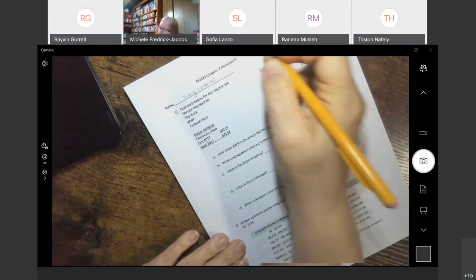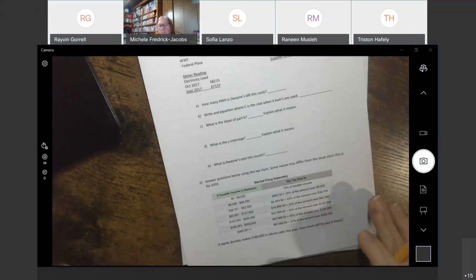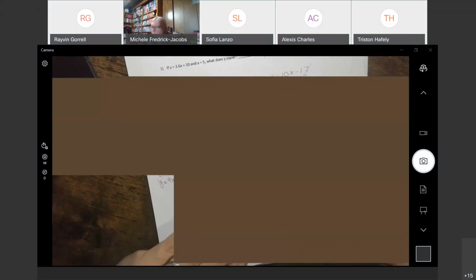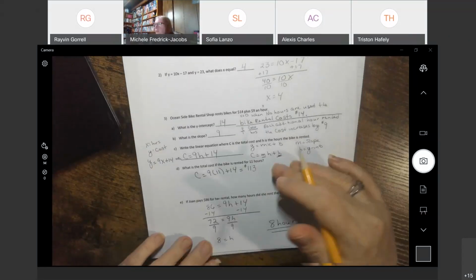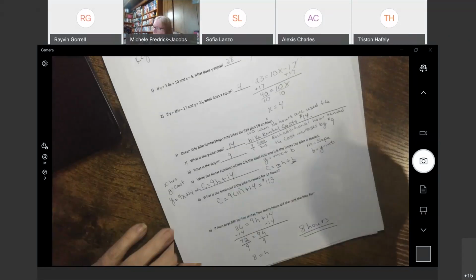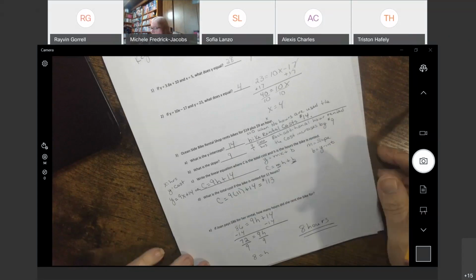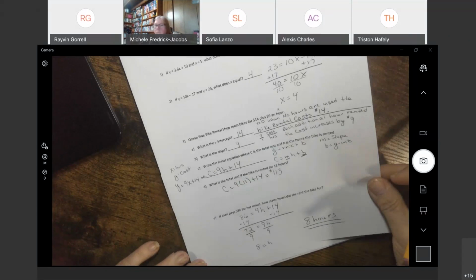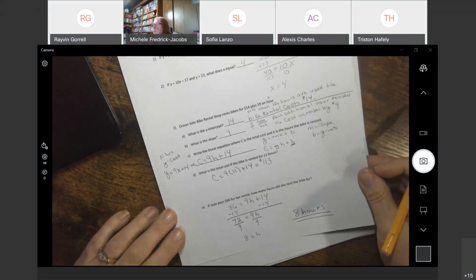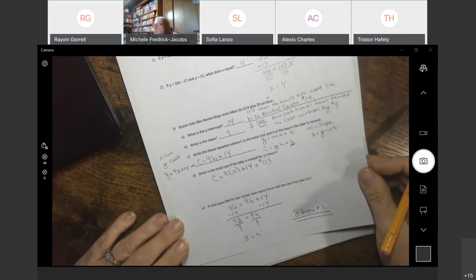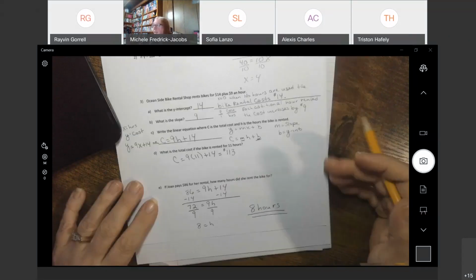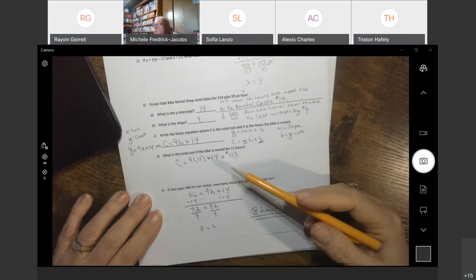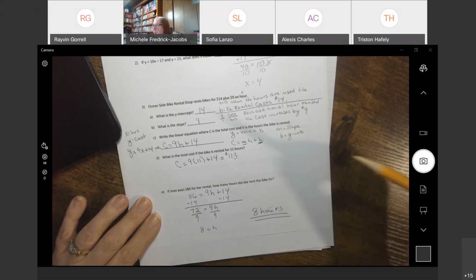Did you want a paragraph summarizing all of that or no? No, this was a co-rec. I just wanted each answer. Yeah, you don't have to write it out. Yeah, I just wrote down she rented for 8 hours, just so I remember it's 8 hours, not $8. Yeah, you should put 8 hours. This one was $113.